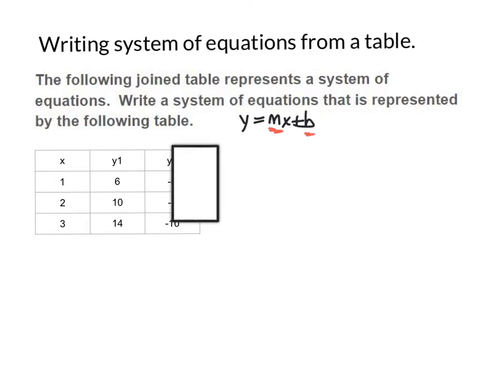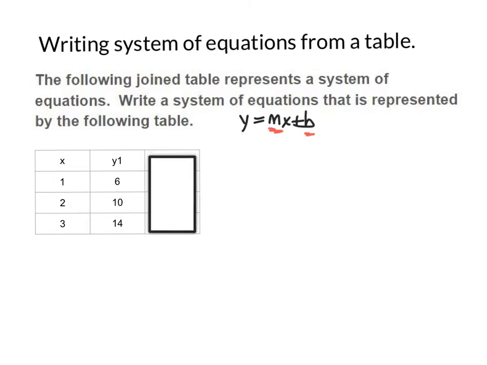So the first thing we need to do is work with the first table. All right, so we have our inputs of 1, 6, 2, 10, and 3, 14. We need to find the slope. So we're going to find the change in y over the change in x. Again, just to remind you, you also know it as y2 minus y1 over x2 minus x1.